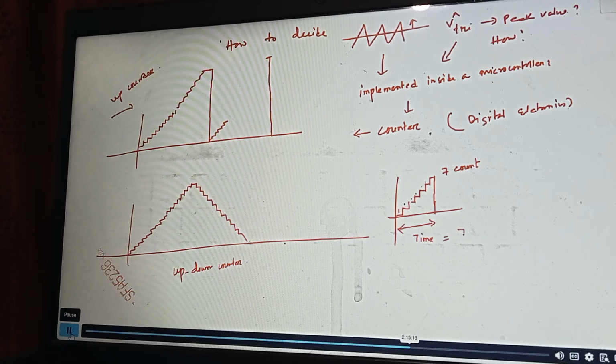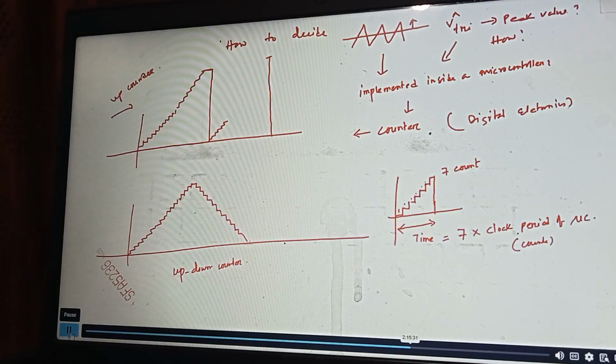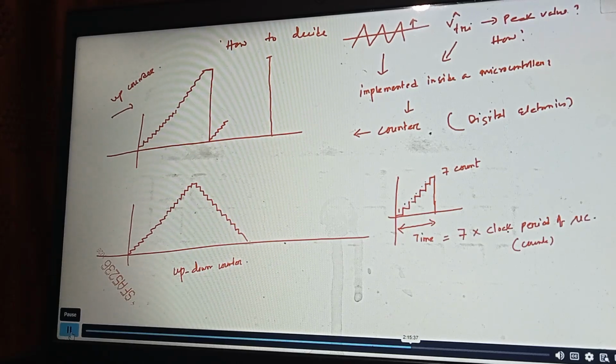This will be 7 into the clock period of that microcontroller. The microcontroller will have its own counter, and that clock period, for one increment, is the small time period, that is your T clock.